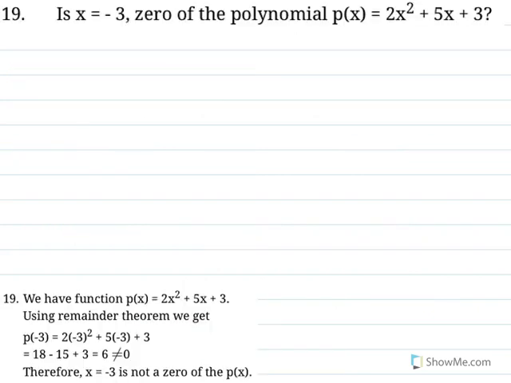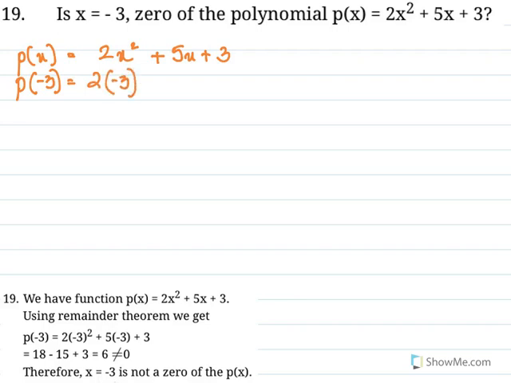If x equal to minus 3 is a zero of the polynomial, is it the zero of the polynomial? The polynomial given to us here is p of x equal to 2x square plus 5x plus 3. Now we have to check, is minus 3 the zero? So for p of minus 3, wherever there is x, I will put minus 3.